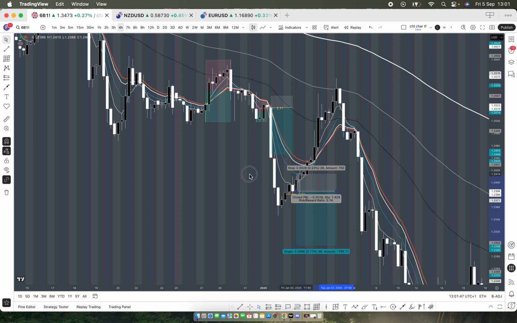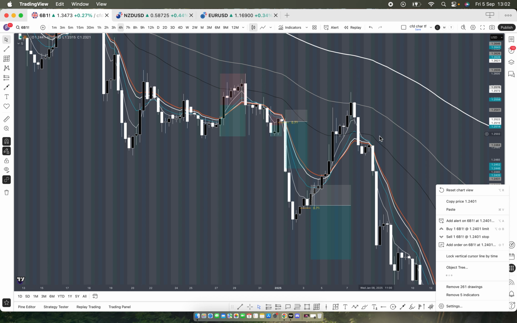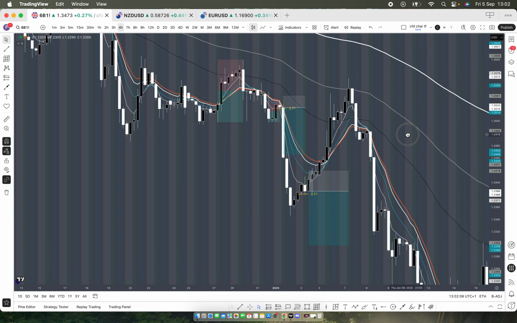But it is okay, I guess, because of your risk to reward. If you go into one to fours and you're risking 1.5%, you're up something like 6%, and then take away that, you're still up a decent amount. So technically speaking, this is actually fine, which is a bit shit, but whatever.